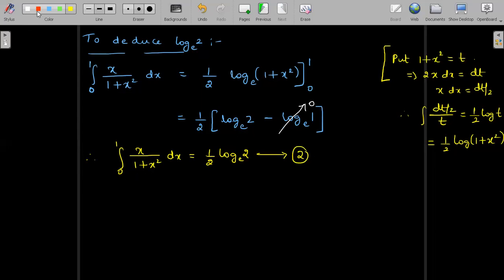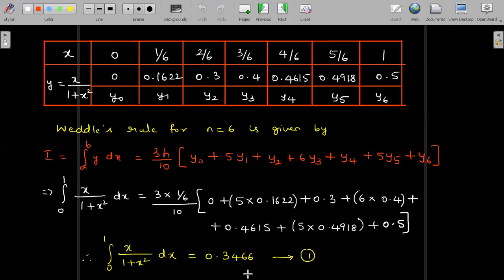So we have to now compare equations 1 and 2. Since the LHS are same, we can equate the RHS. So half log 2 to the base e is equal to 0.3466. Observe equation 1, the answer is 0.3466.